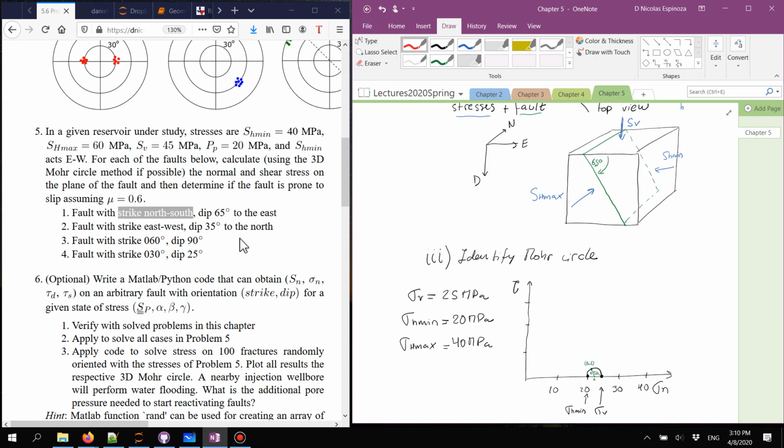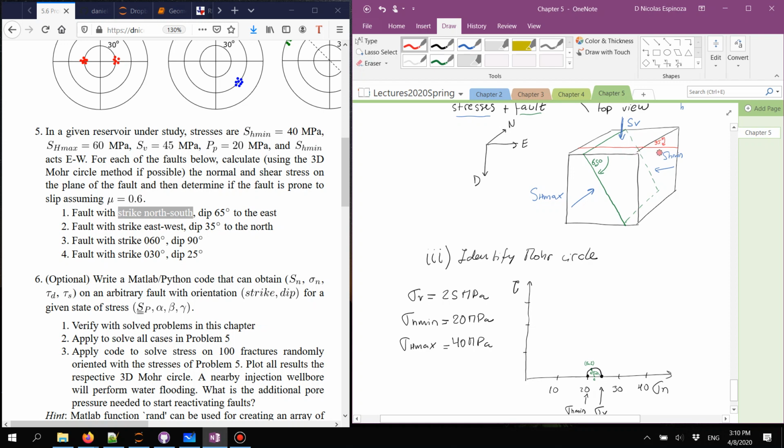So if the strike is east-west, then this is going to be somewhere over here, and the dip is 35 degrees to the north. So this is going to be something like this, where this angle is 35 degrees.